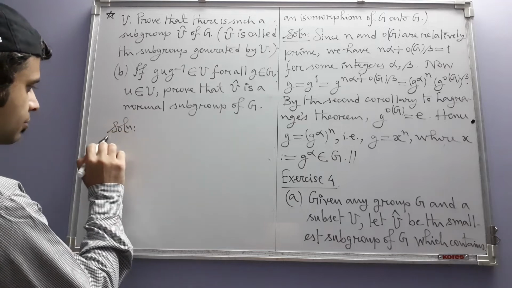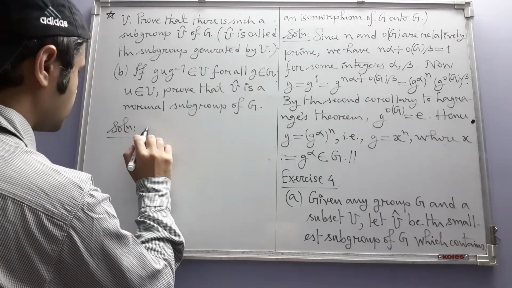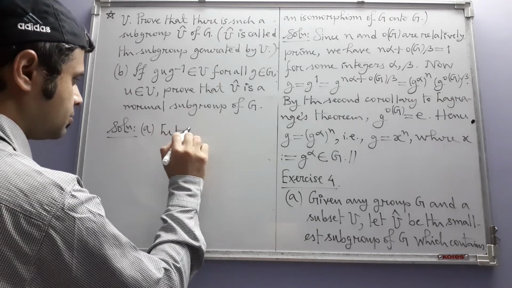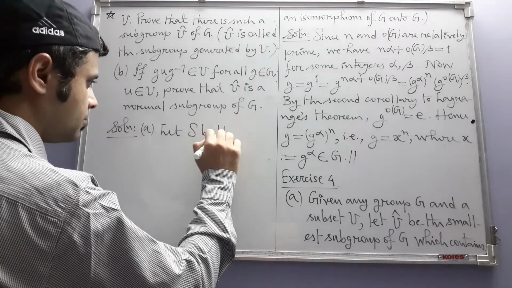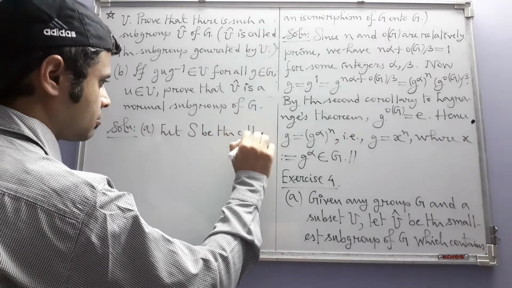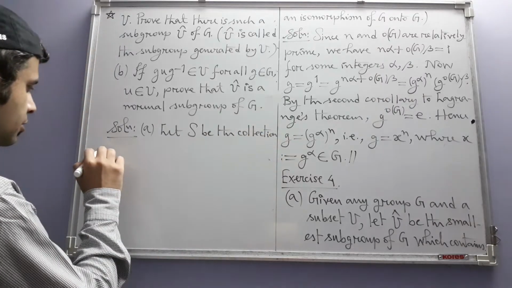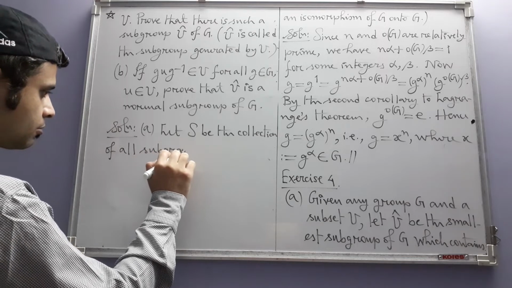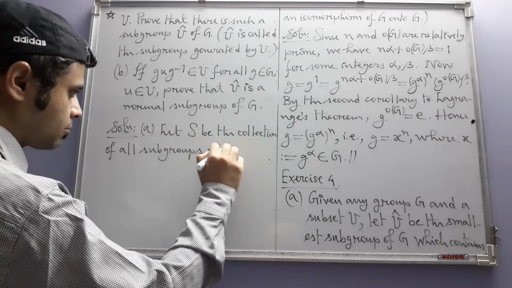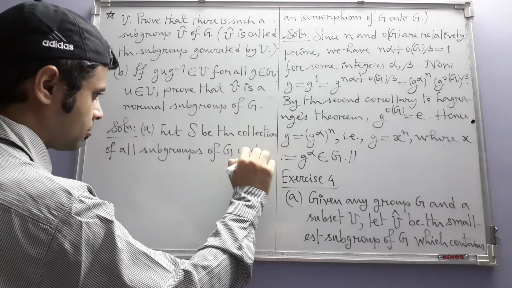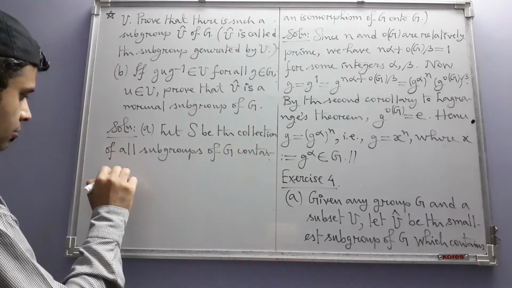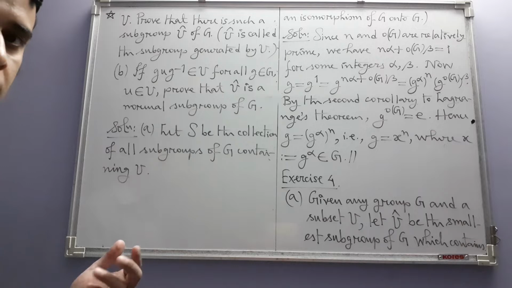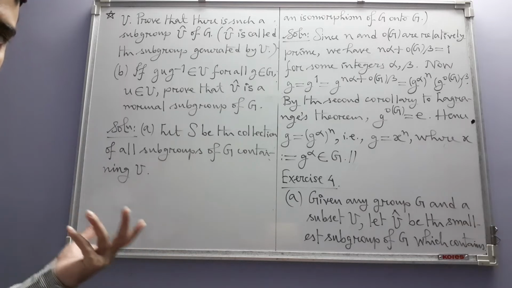Okay, so we start by solving part A. Let S be the collection of all subgroups of G containing U. So in S the elements are subgroups of G that contain U as a subset.